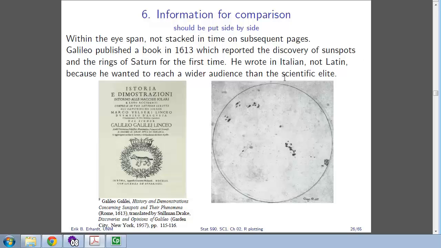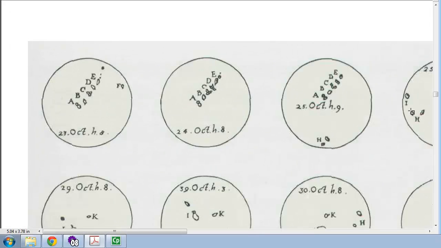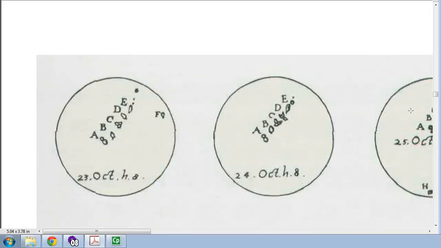So back in the early 1600s, Galileo published a book where he had discovered sunspots and the rings of Saturn. And so this data set is about the sunspots. So I'm going to zoom in on one of these figures, and each of these circles represents the sun and a date. So we have the 23rd of October, and then the second one is 24th of October, and so on.